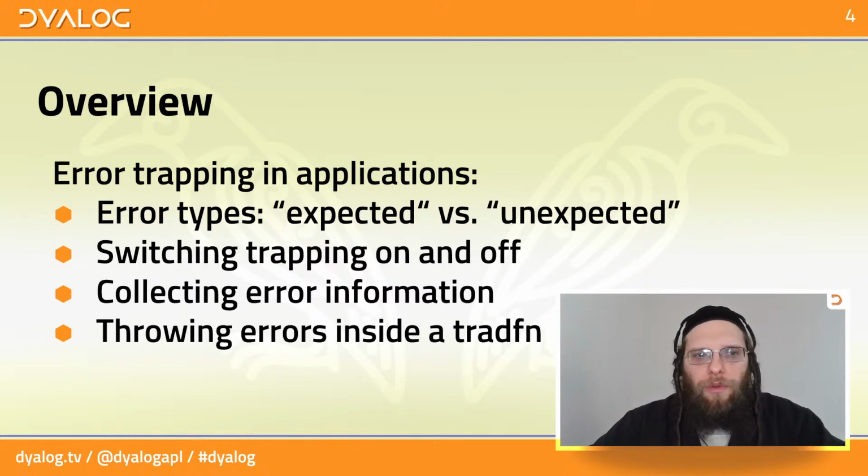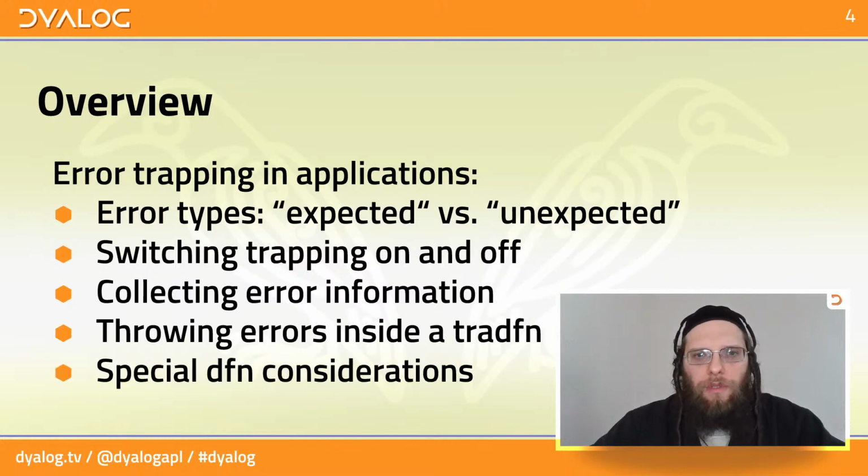Then we're going to have a look at raising errors inside threads, and how dfns can give you unexpected behavior if you're not aware of exactly how they work when it comes to errors, and how to deal with those issues.